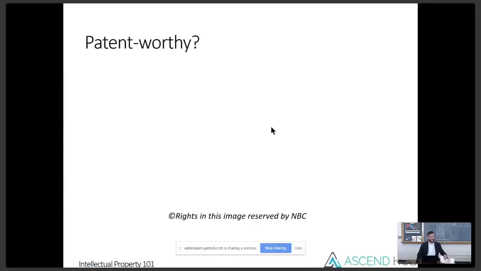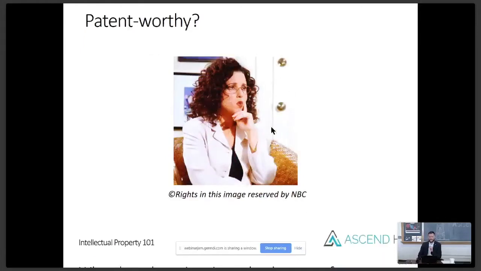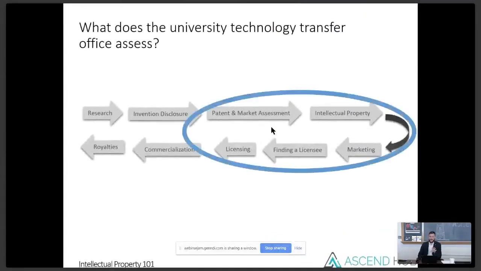So just to touch on this, what makes something patent-worthy? For some viewers will recognize this image, and its rights are reserved by NBC. So we're looking at, in the University Tech Transfer Office, this core area of the research to license continuum, or research to commercialization continuum.